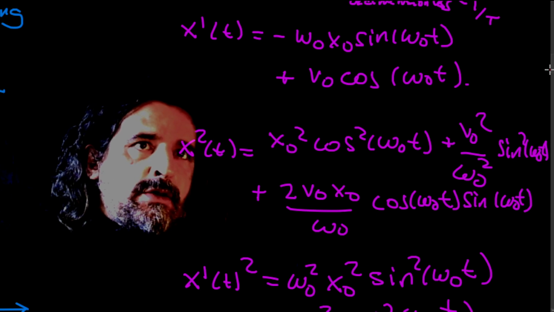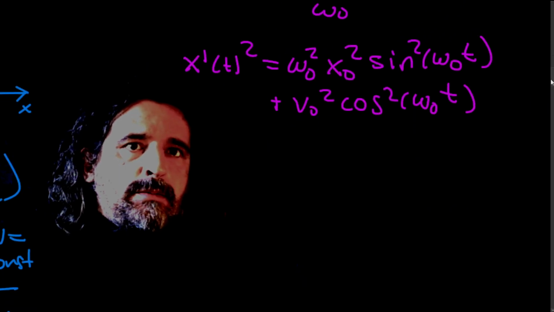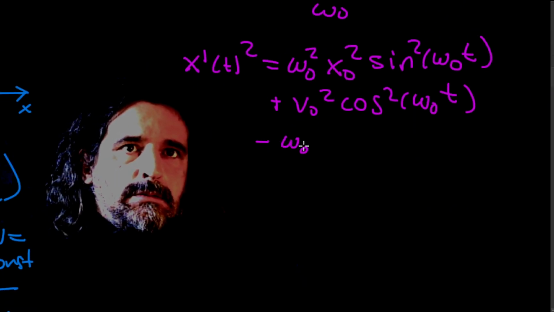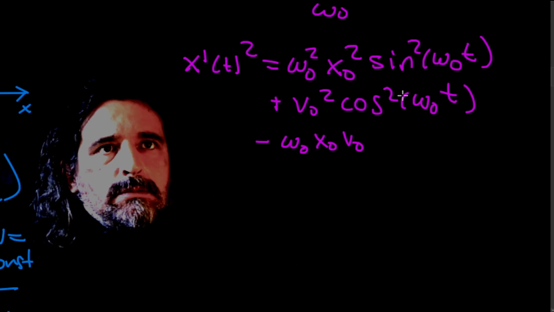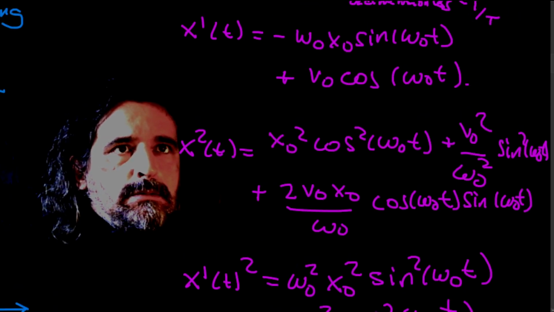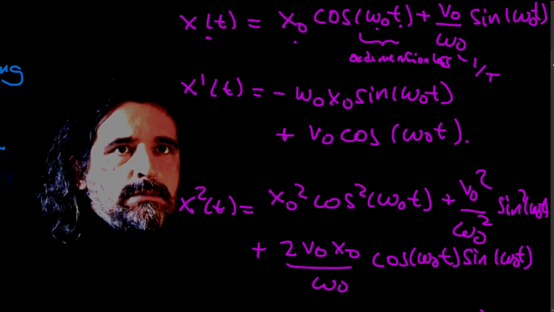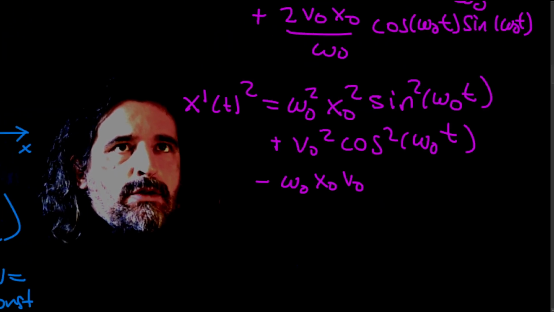So minus omega naught x naught v naught sine cos.